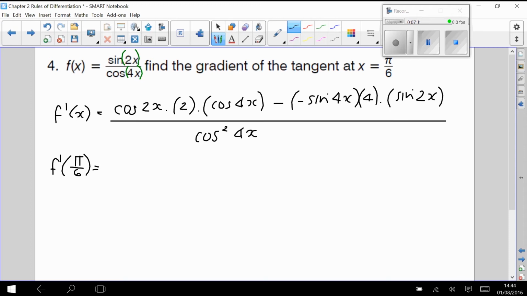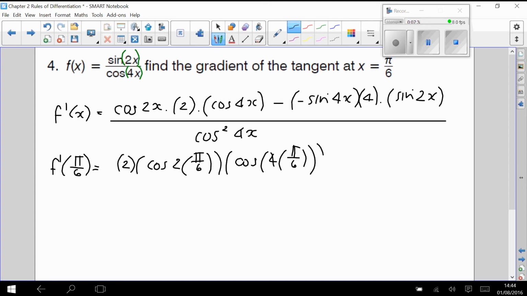So I'm going to write 2 times cos of 2 times pi all over 6 times by cos of 4 times pi over 6 minus, in fact, can I write that as plus 4 just to make it easier for me?